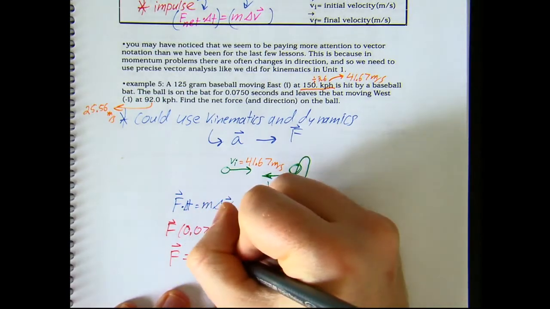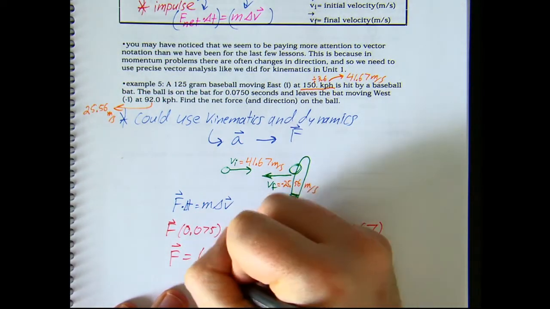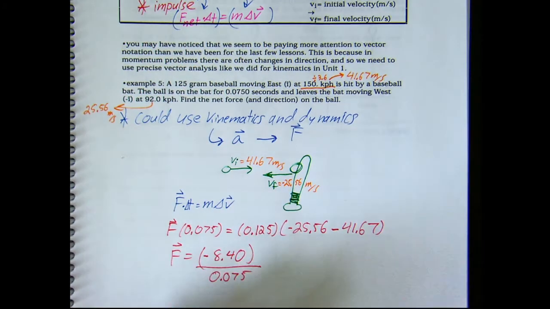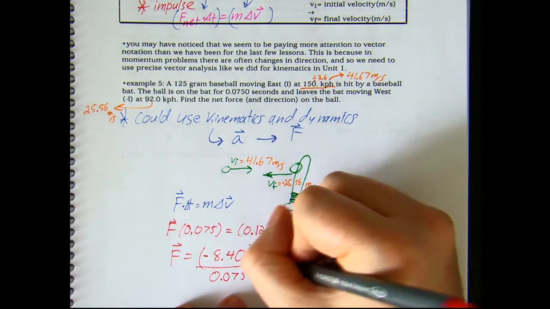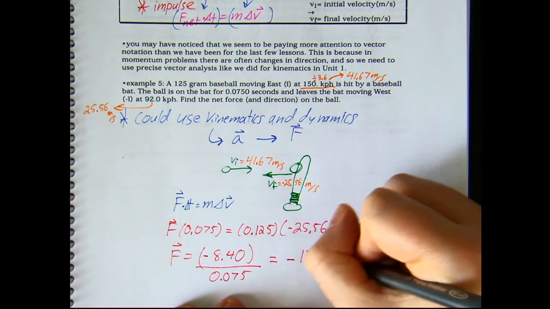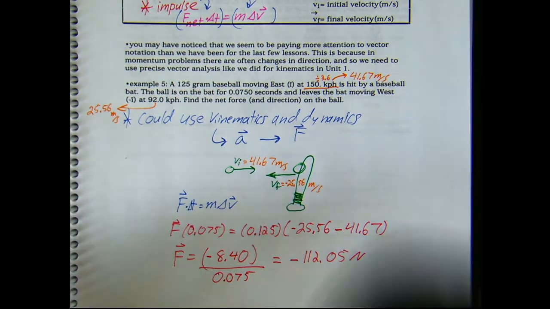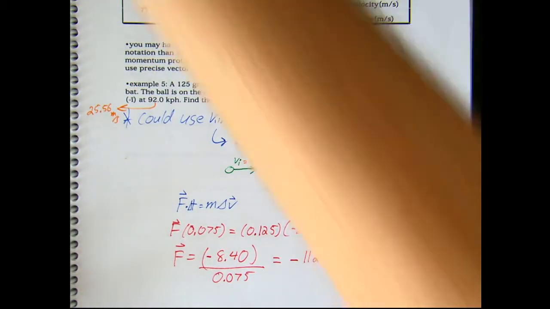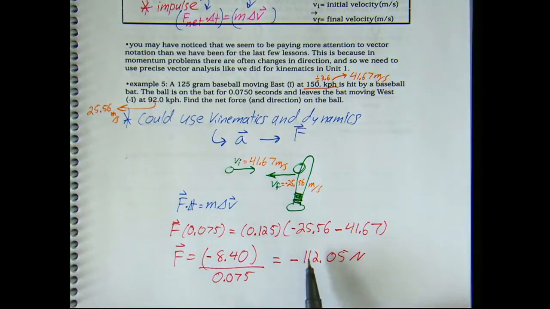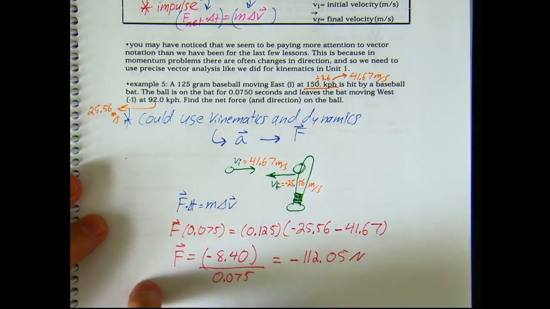Negative 8.40 divided by 0.075. We get a force here of negative 112.05 newtons. So what does that tell us? Because the force is negative, this thing has to be acting to the left, or in this case, west.